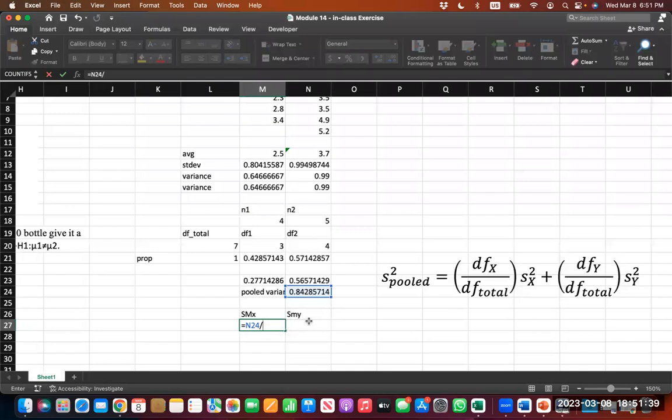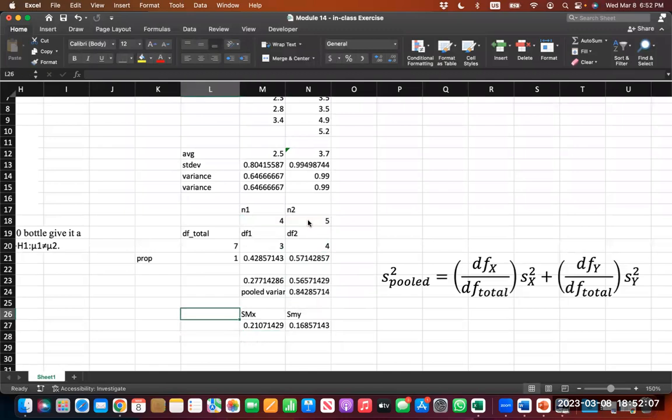But now we're looking at the variance, so we need to square everything. So it's now variance divided by the n, no square root. So we're basically doing pooled variance divided by our n, which is 4 for x, and it is 5 for y.